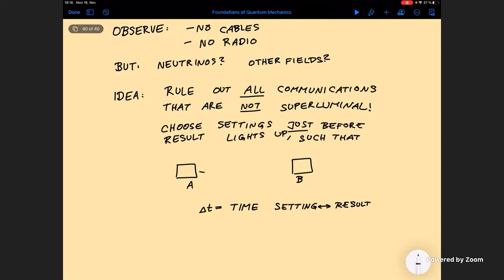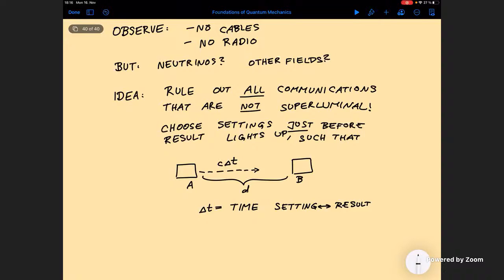And so if within this time you only travel a distance that is shorter than the total distance between A and B, then B cannot yet have any knowledge about the setting that was chosen at A. And as a consequence, B cannot in any way adjust its results so as to produce the proper statistics that you would like to have.